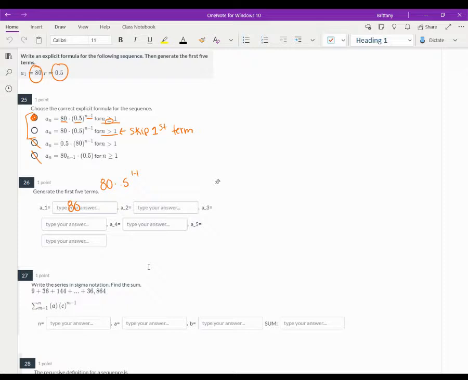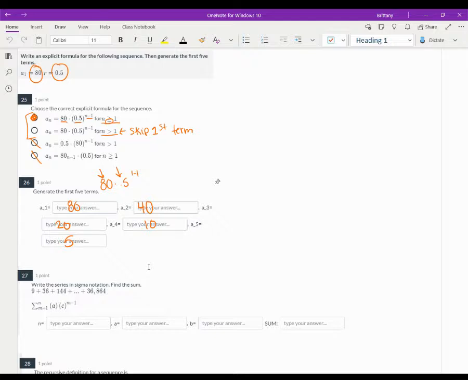And then if I have 80 times 0.5 to the 2 minus 1, which is 40. And then I can see that it's decreasing by a half each time, so 20, and then 10, and then 5. And I can do that without a calculator because I know that I'm starting at 80 and I'm decreasing by 0.5 each time.